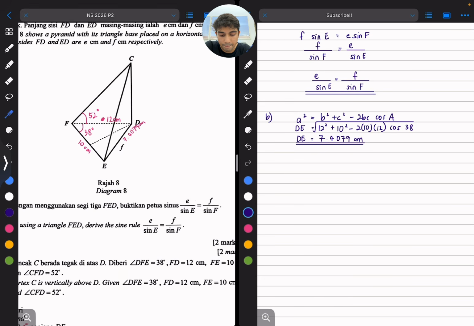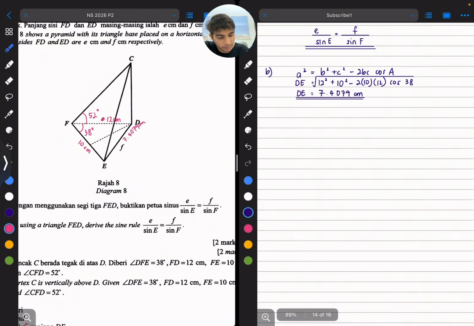So using this right angle triangle, we have an angle, we have the adjacent, we can find the opposite, which is CD. Once we have CD, we have this length, we can easily find the hypotenuse.